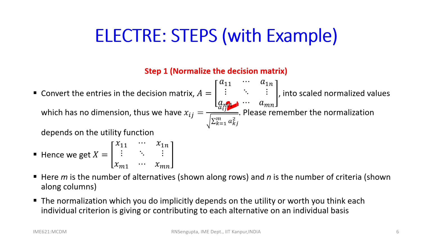I have aij's, so xij's would be aij square divided by the sum. This should not be a square root, it should just be the sum of akj square. And when I mention the squares, based on that I find the normalized values along the rows or the columns.